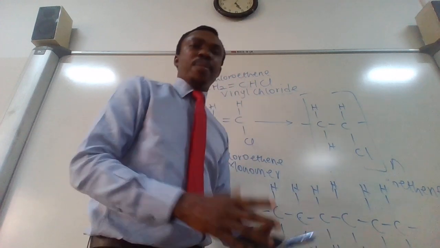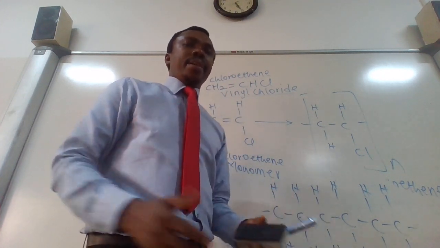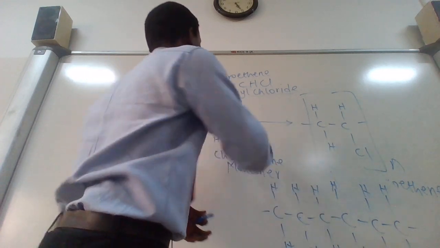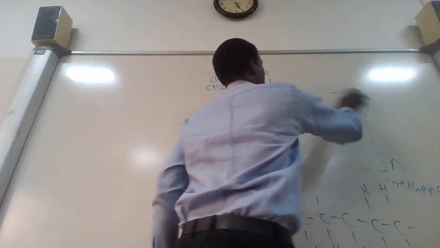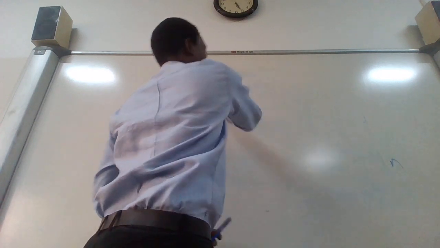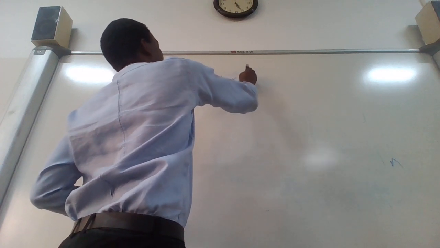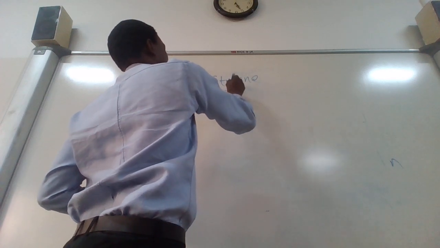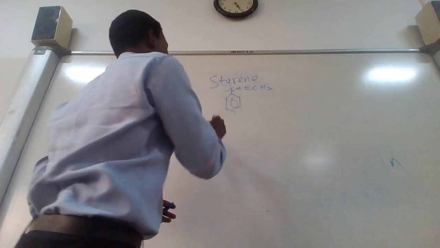Then let's take another example, styrene. Polymerization of styrene, we get polystyrene. You've heard of polystyrene cup. It's a plastic, polystyrene. So it has to do with the polymerization of the monomer styrene. This is the monomer.